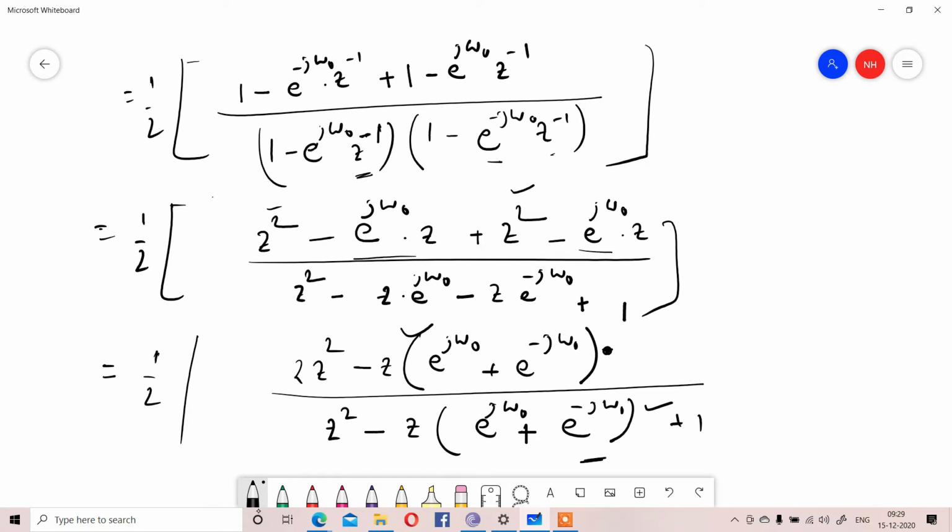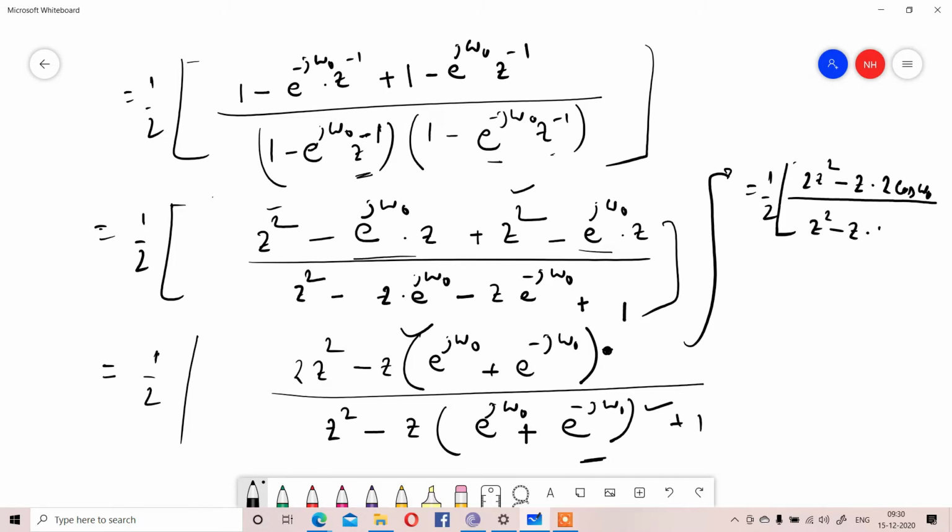So the result will be half of 2z square minus z into 2 cos omega naught, and z square minus z into 2 cos omega naught plus 1. So make 2 common, 2 will be cancelled out.